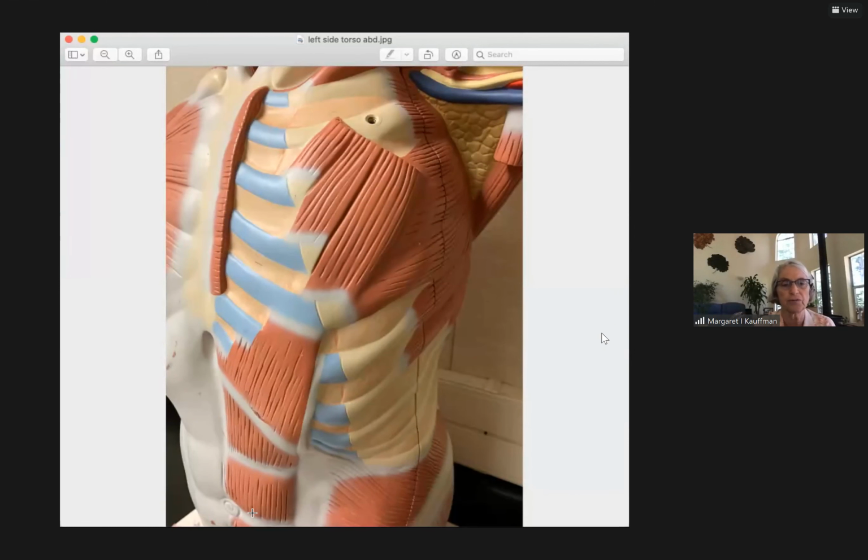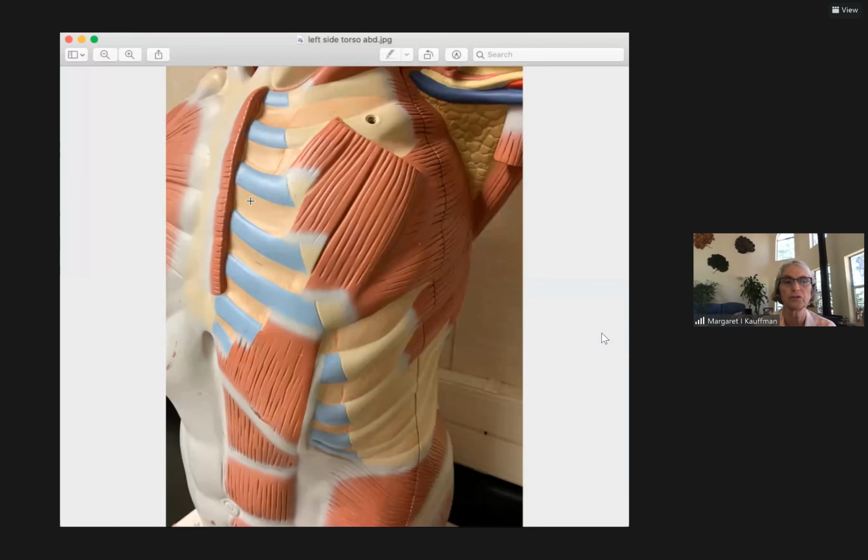So here's that rectus abdominis. You can't see the external oblique because it's on the other side, but here are the internal obliques. These are all forced exhalation muscles when you're blowing out. Here are the internal intercostals that would work with them.